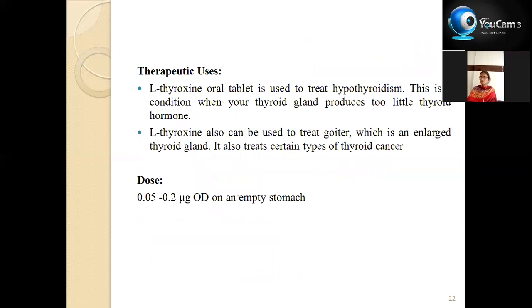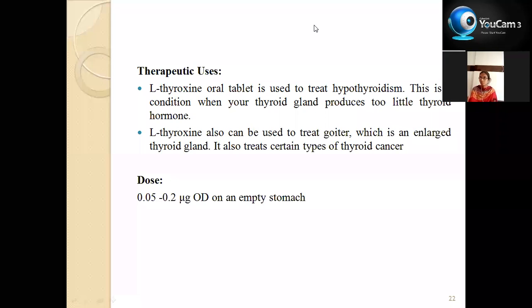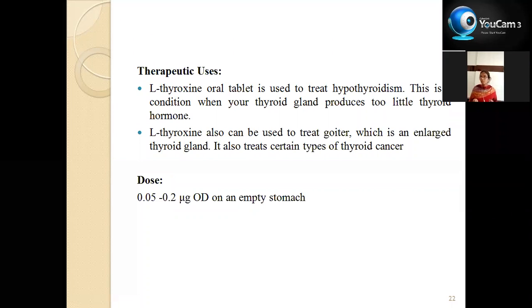So it is used to treat hypothyroidism, the condition when the thyroid gland produces very little thyroid hormone. It does not release the required amount of thyroid hormone that our body needs.